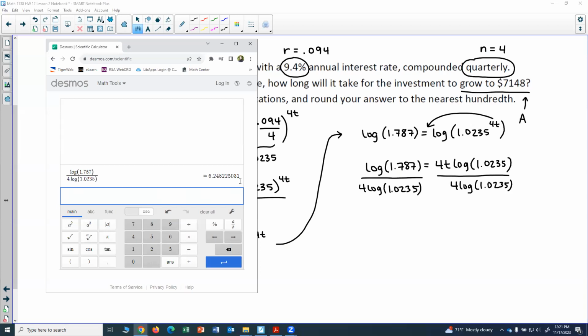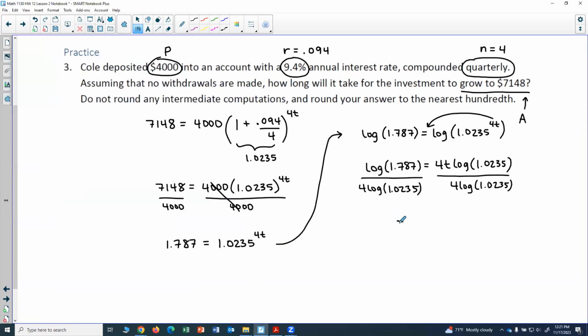They say round to the nearest hundredth, so that would be 6.25, and our time interval is in years. So I'll get 6.25 years in order for the investment to grow to 7,148. So use the formula for compound interest and then solve using the methods that we use to solve exponential equations with a single exponential term.